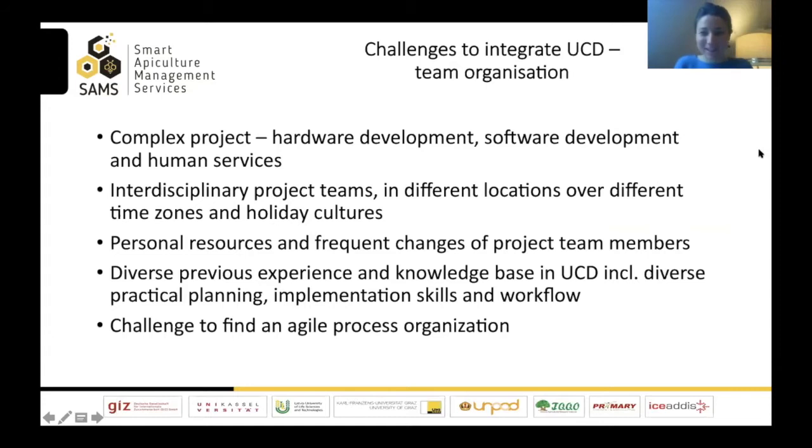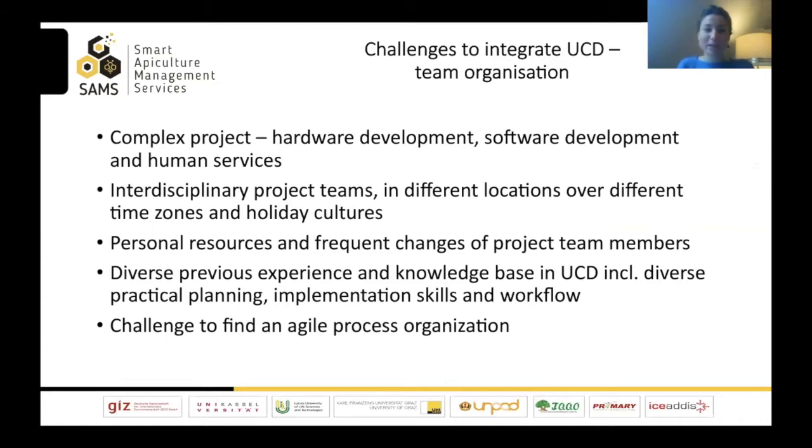Thank you, Katrin. Yeah, as you mentioned already, of course, we had to face challenges. Challenges regarding team organization were that the project is very complex because we are developing, or we were developing, hardware, software, and human services.